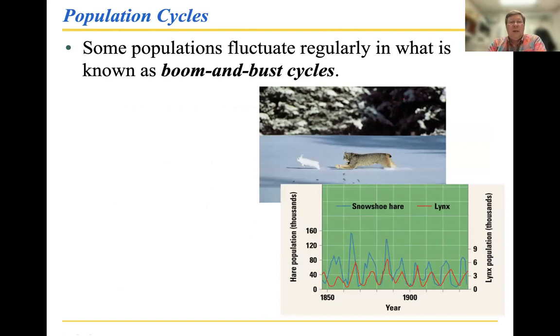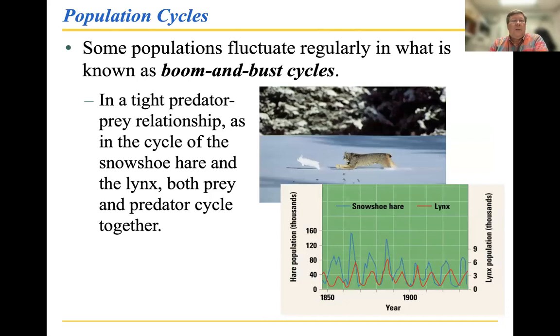So here in this example, you have a predator-prey relationship, snowshoe hare and lynxes. Snowshoe hare in the image on the left clearly is barely managing to get away from the lynx. This would ordinarily play itself out in northern climates, maybe parts of Canada. And what you'll find when you look at the graph is that the blue line, the snowshoe hare, peaks and crashes, peaks and crashes.